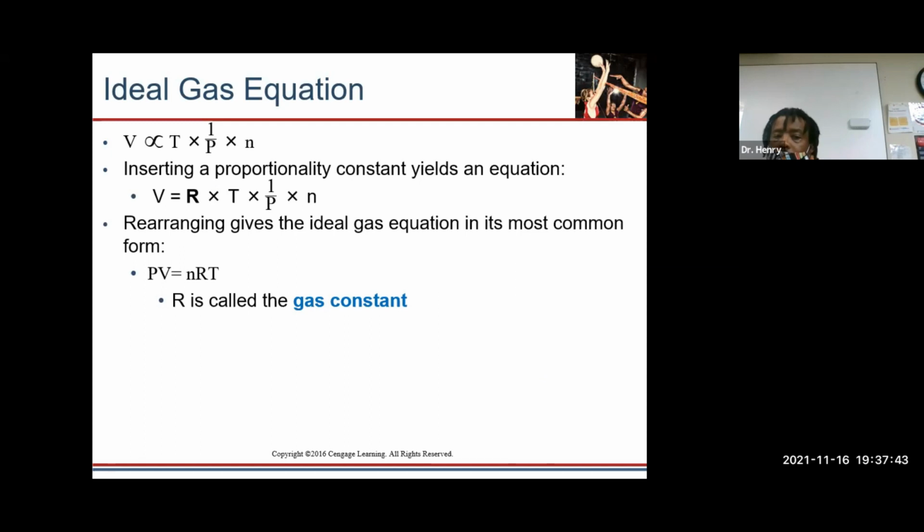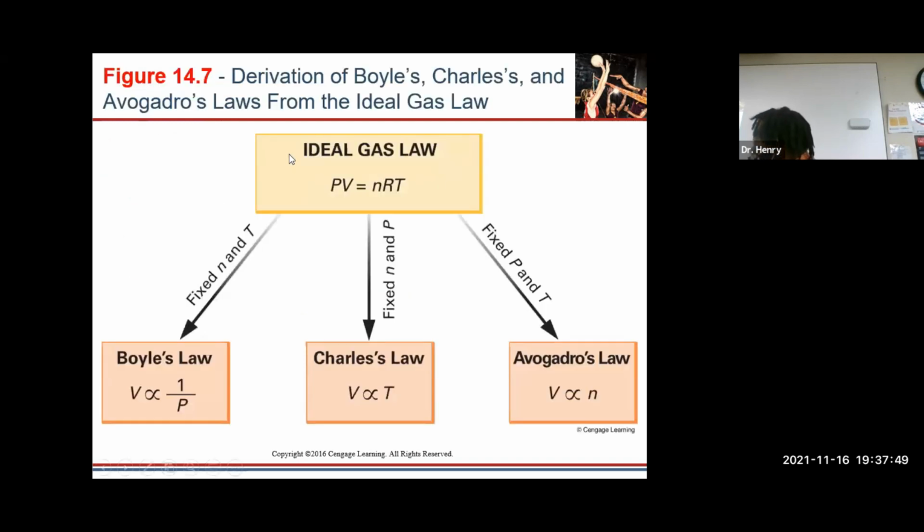So by rearranging PV equals nRT, we're able to get to each one of those laws. So here's the ideal gas law. If we have a fixed number of moles and temperature, then we get Boyle's Law. If we have a fixed number of moles and pressure, we get Charles' Law. If we have fixed pressure and temperature, we get Avogadro's Law.